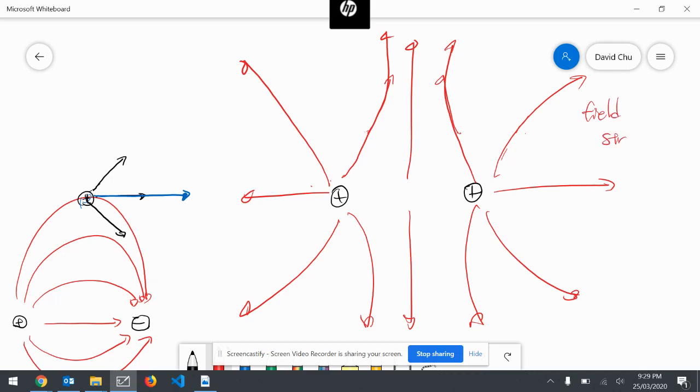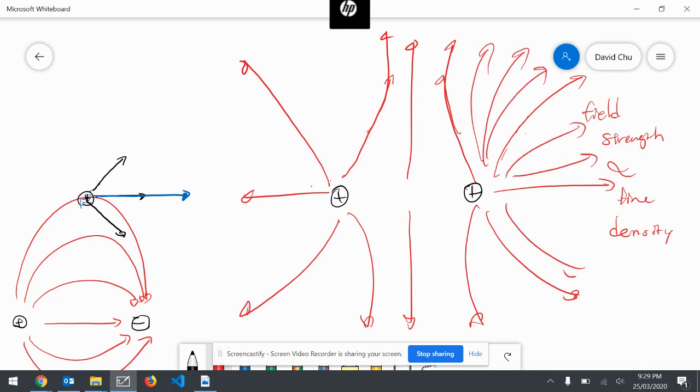Field strength is proportional to line density. So if I draw a few more lines, making it more dense, generally that means it has a stronger electric field strength.